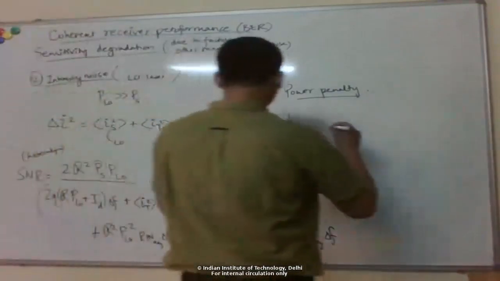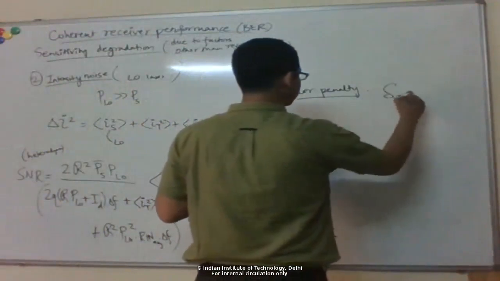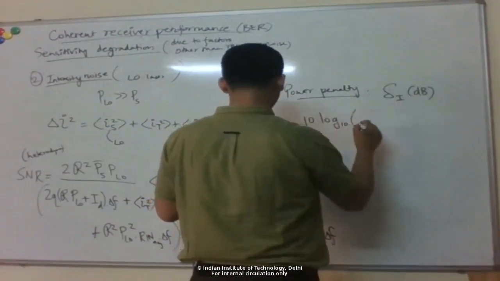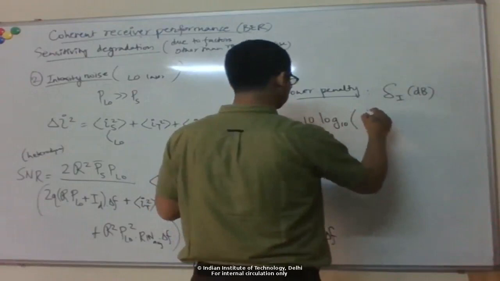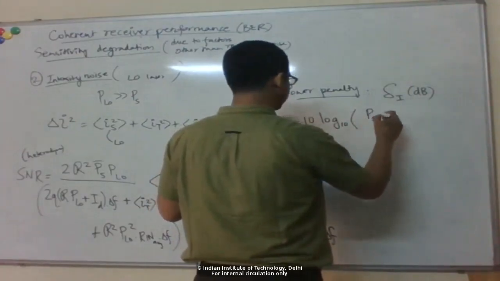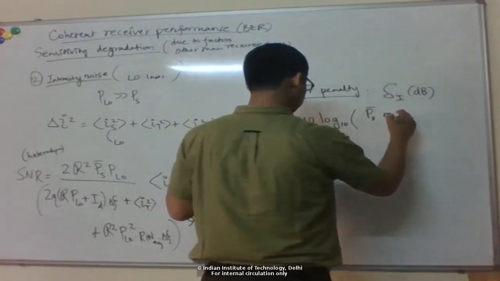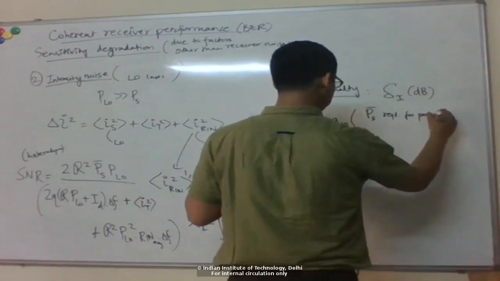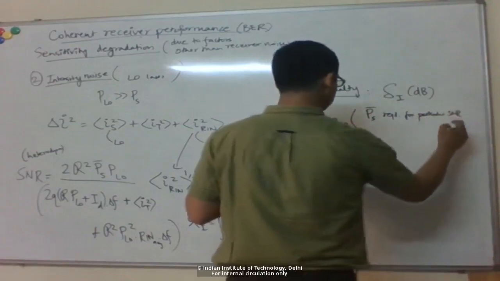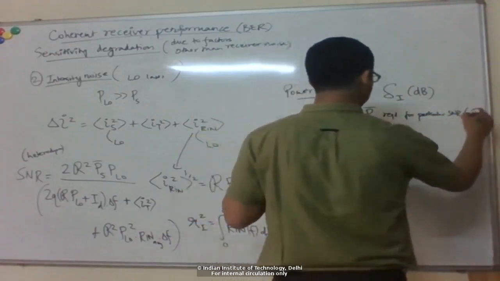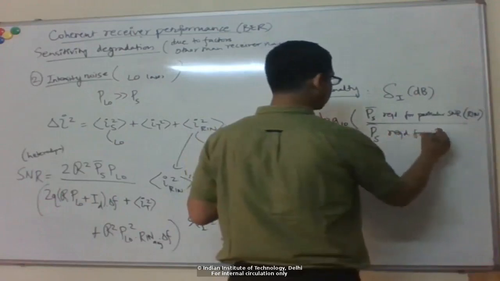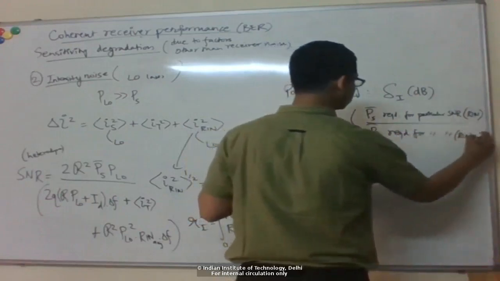So the power penalty in dB I can define as 10 log 10 of the signal power P_S required for a particular SNR with a particular RIN value, divided by the signal power required for that SNR with no RIN.